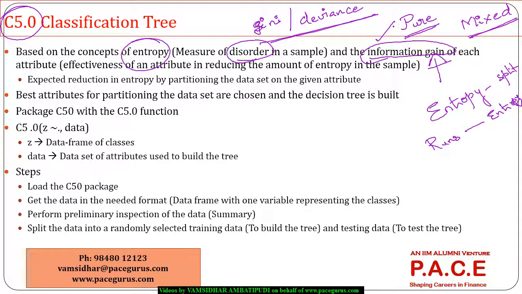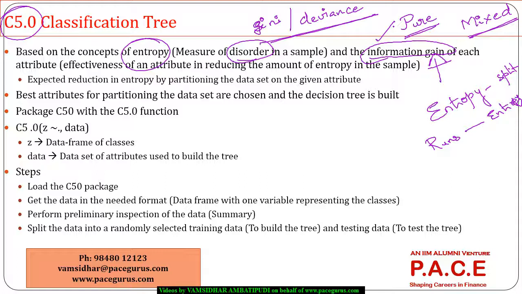Means by being able to bifurcate the data based on the runs, I am able to reduce the error part. Probably you can think of entropy as a kind of a measure of error. So the error, just like a deviance, the error got reduced, which means this information that we have got based on the explanatory variable is a much better information for doing the classification of the data.